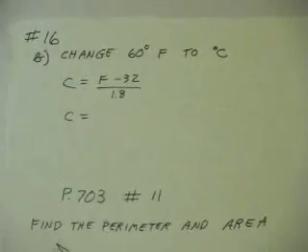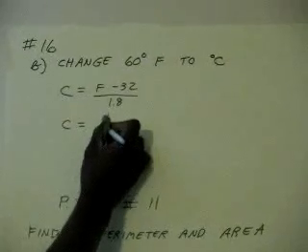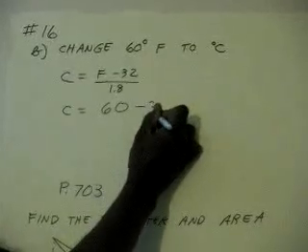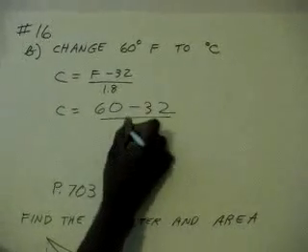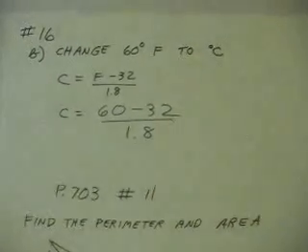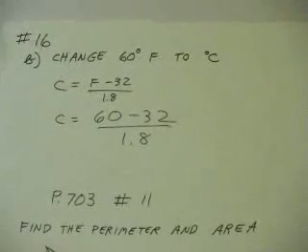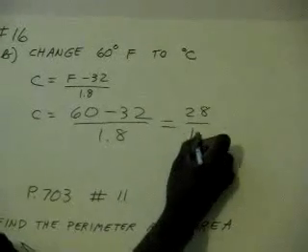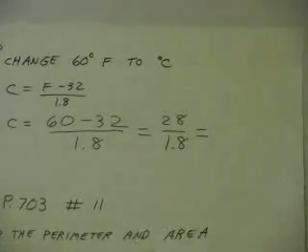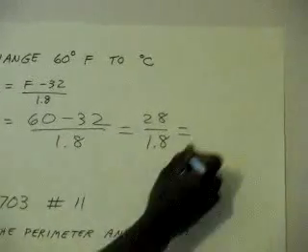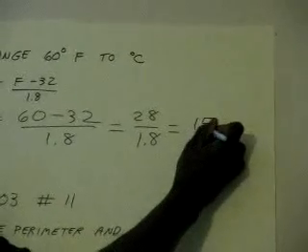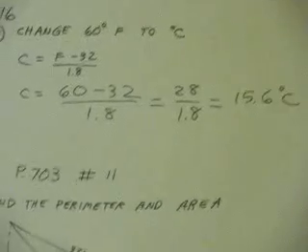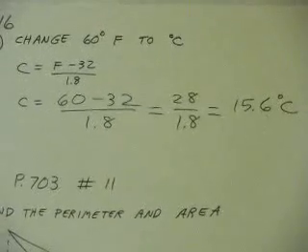We simply plug in or substitute 60 degrees for the F, subtract 32, divide that result by 1.8. That's 28 over 1.8, and this is approximately 15.6 degrees. We could say 16 degrees if we wanted to round off.